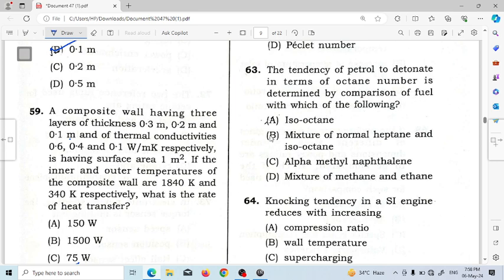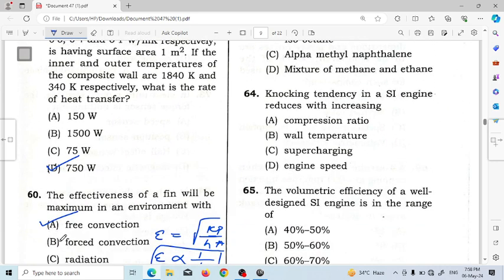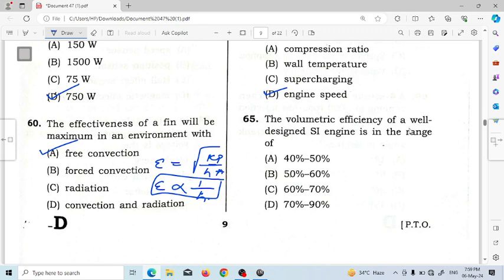It is comparison with mixture of normal octane and isooctane. Option B is the correct answer. Next, knocking tendency in SI engine reduces with increase in engine speed. Option D is the correct answer. Next, the volumetric efficiency of the well-designed SI engine is in the range of 70 to 90%.